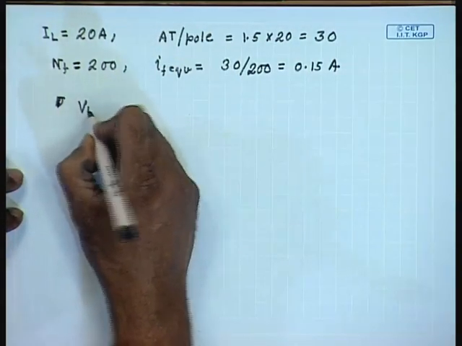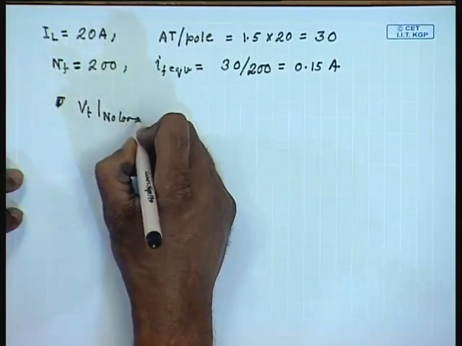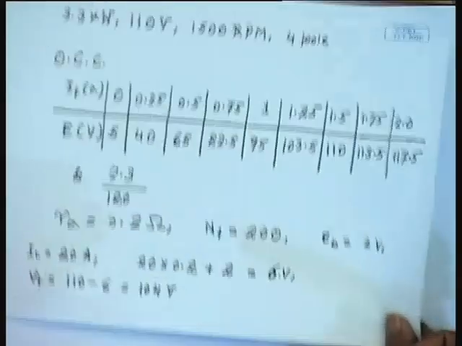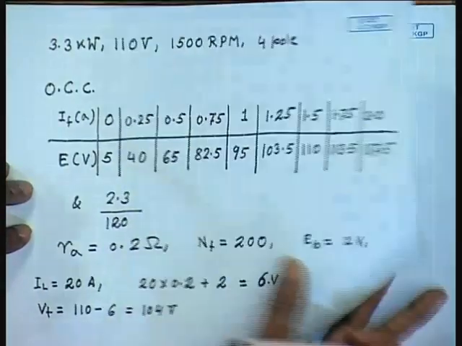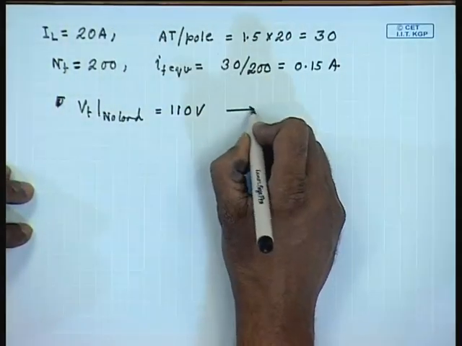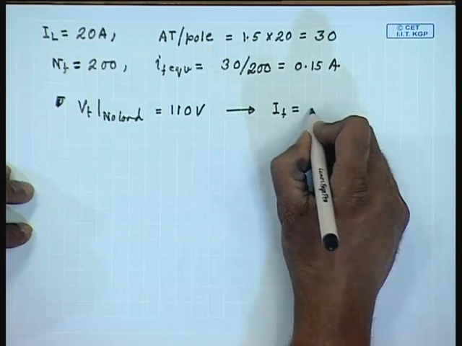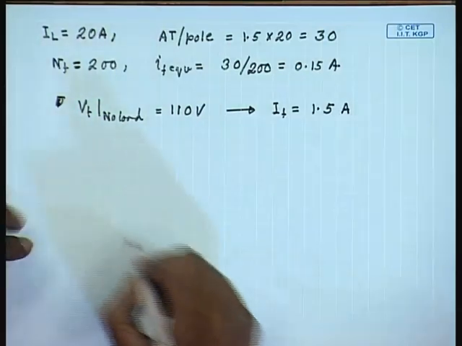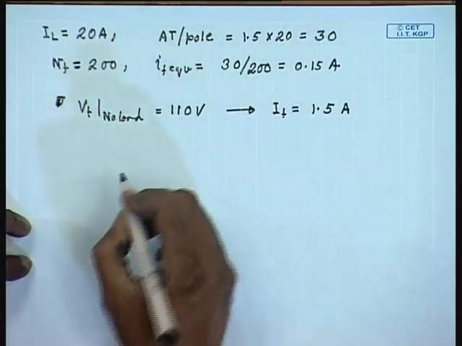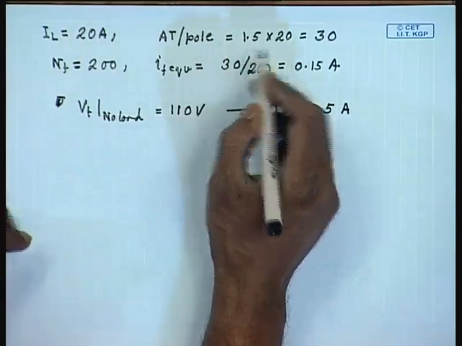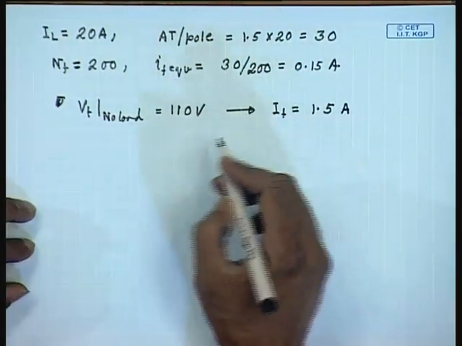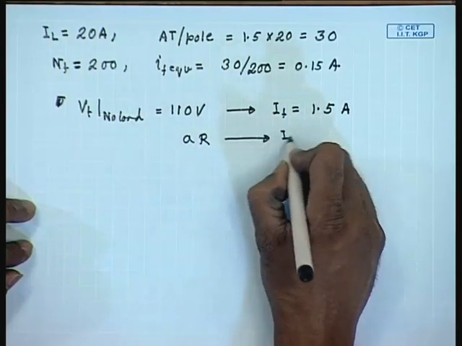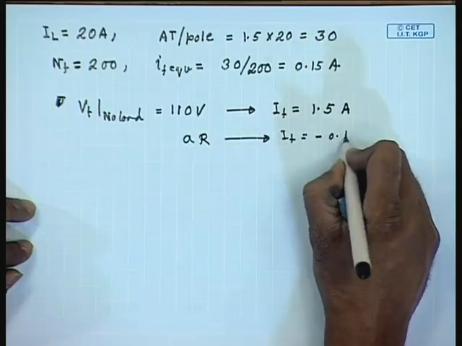Now, in order to adjust Vt at no load equal to 110 volts, we see from this table the corresponding field current should have been If equal to 1.5 amperes. The armature reaction is equivalent to a demagnetizing field current, If equal to minus 0.15 ampere.